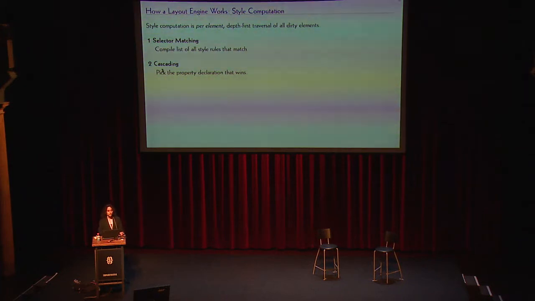This third phase is that we compute the values, which means we absolutize all of the lengths, and perform various other manipulations that we can do without doing layout. So for example, if you have a length, a width in em units, we will multiply that by the font size and figure out, okay, how many pixels is that really?